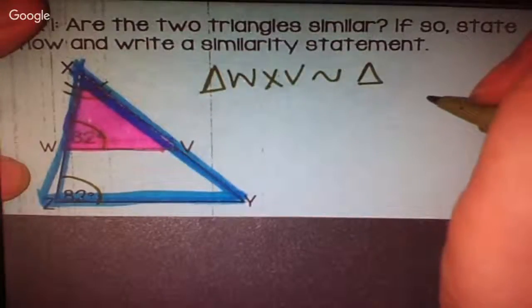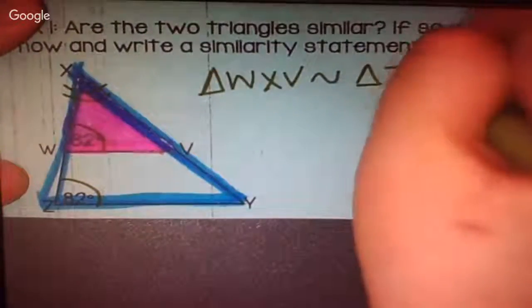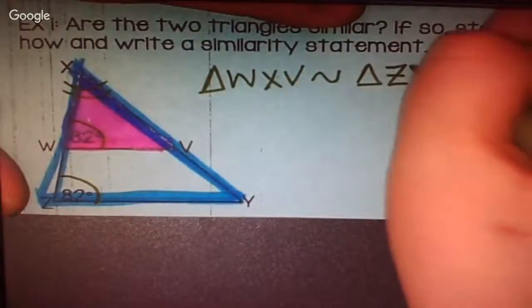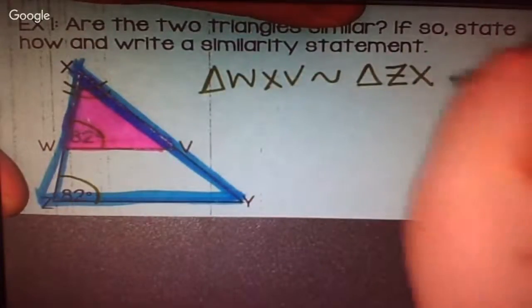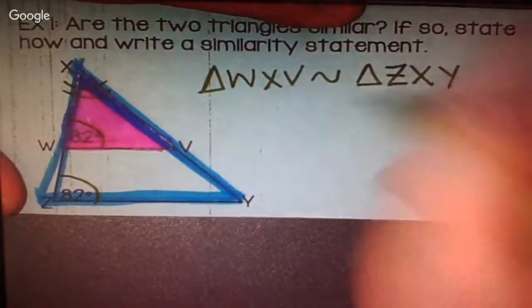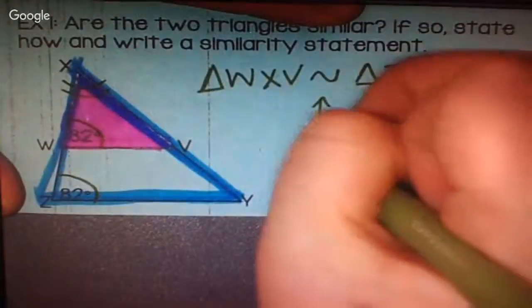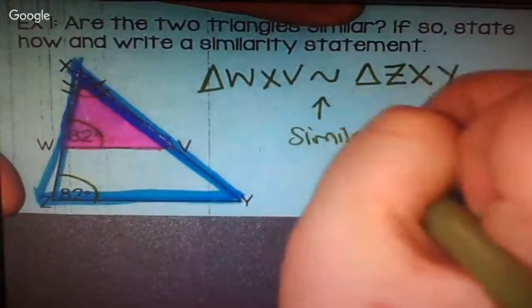So W goes with what on the big triangle? Z. X goes with X, and V goes with Y. And this symbol means similar.